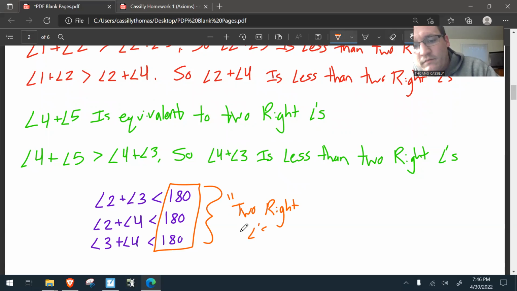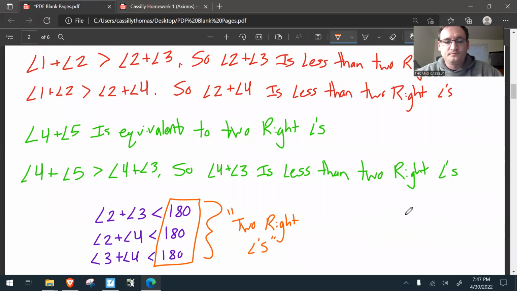And there we have it. No matter which two angles you pick in a triangle, their sum has to be less than two right angles.